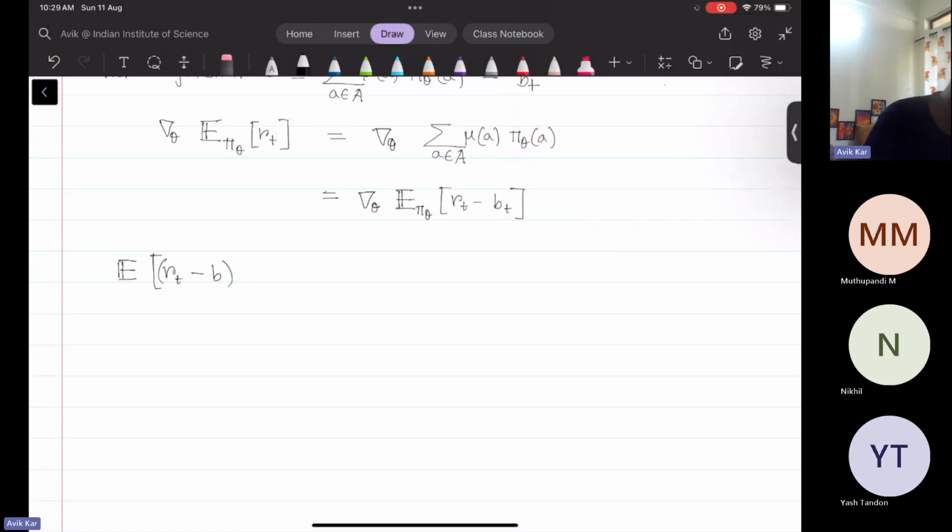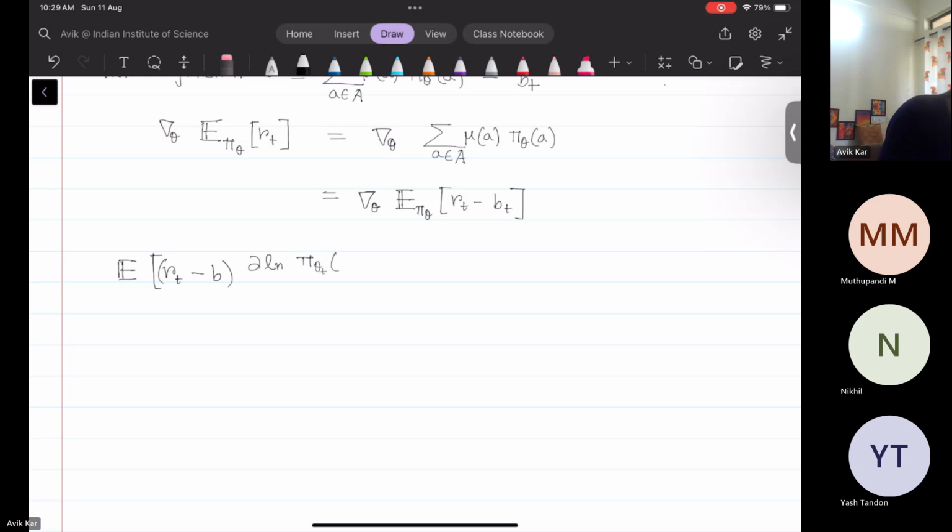Now we can see it. I prefer writing the subscript.